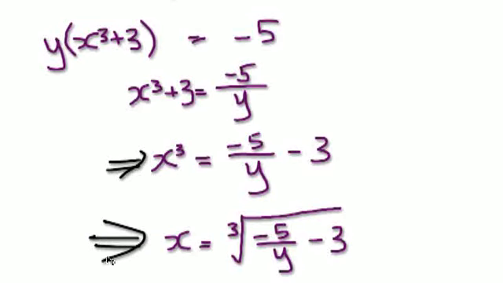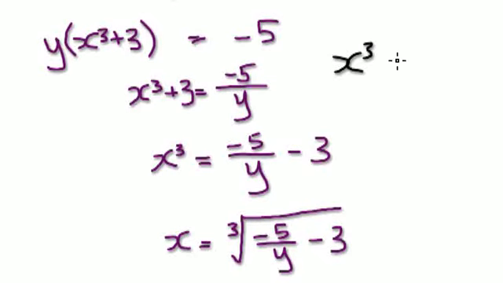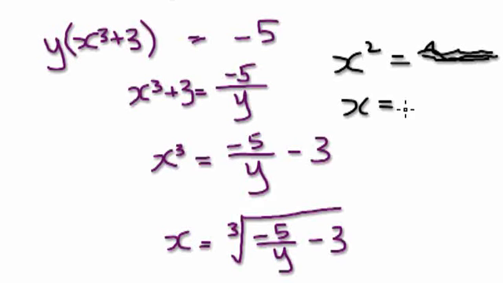Bear in mind that if you have x squared equals blah blah blah, then when you square root both sides, you will have the positive version and the negative version of the square root.